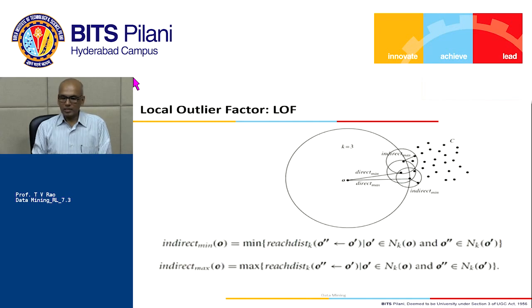Now we also have the indirect minimum distance, which represents going into the neighborhood within the reachability distance of O prime, where O prime belongs to the nearest neighborhood of the reference object, and O double prime belongs to the nearest neighborhood of O prime. Then we are again looking at the minimum and maximum reachability distance.